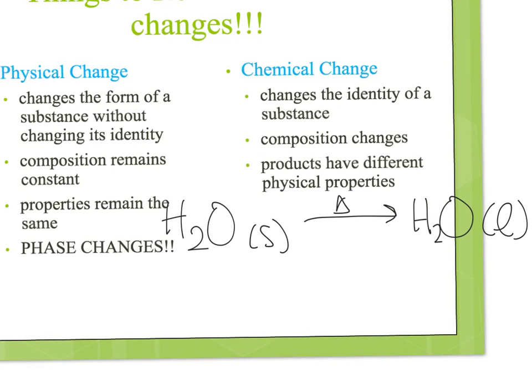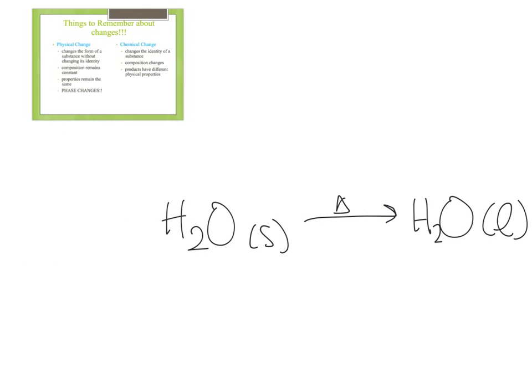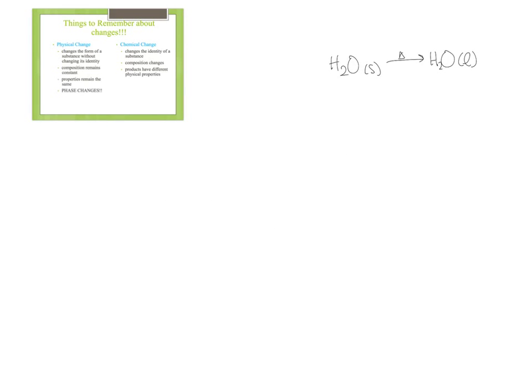Chemical changes, on the other hand, change the identity of a substance. The composition changes and the products have a different property than what they started off with. Like sodium chloride? Yeah, but an easier one to think about that most people would know is, what if I gave you this?